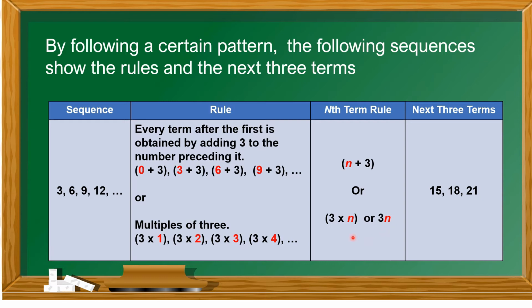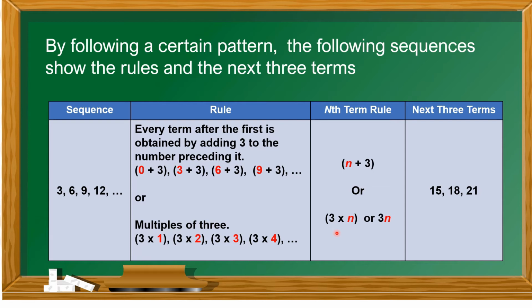So using the rule n plus 3, the preceding number is 12. 12 plus 3, you will have 15. Then 15 plus 3, you will have 18. And 18 plus 3, you will get 21.